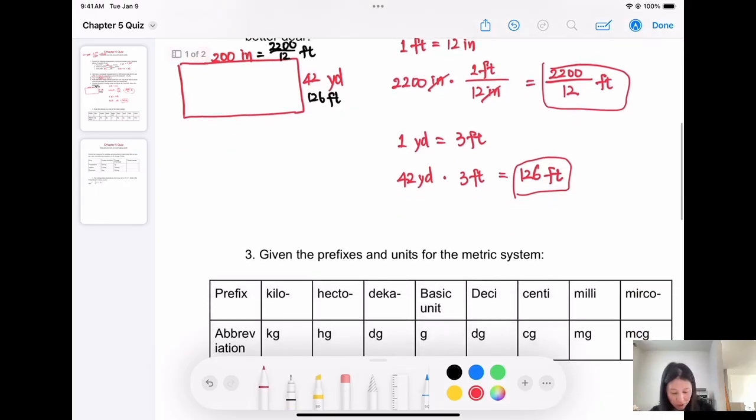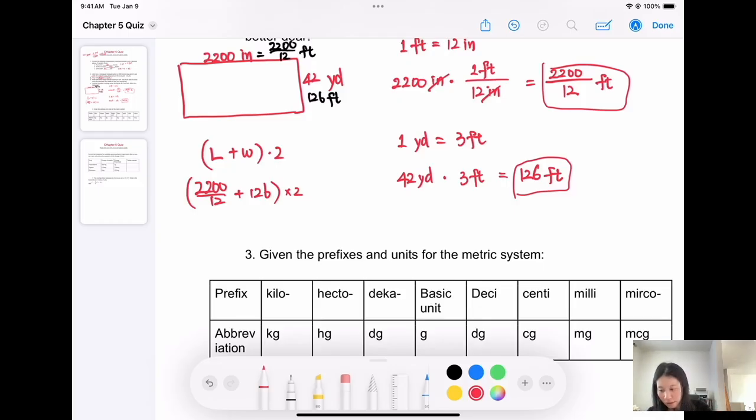So our perimeter is equal to 2,200 over 12 plus 126, times 2. That would be the feet. So the perimeter is the length plus the width, times 2.